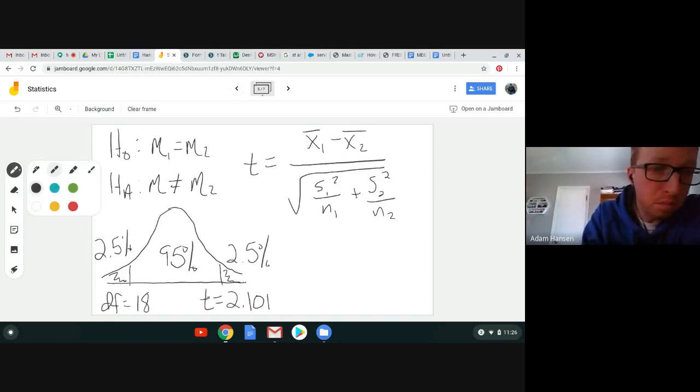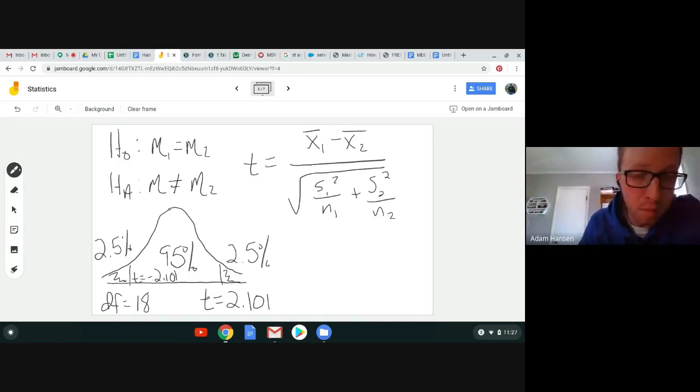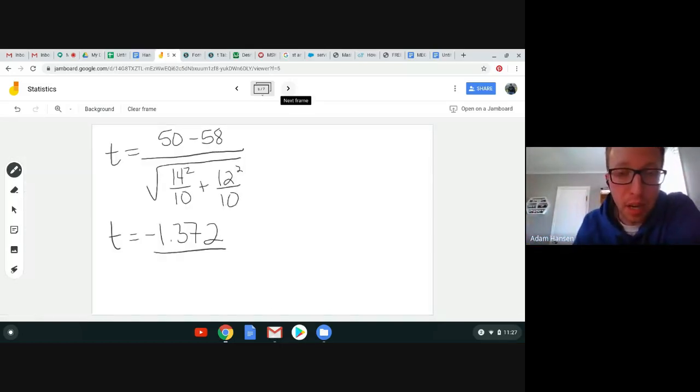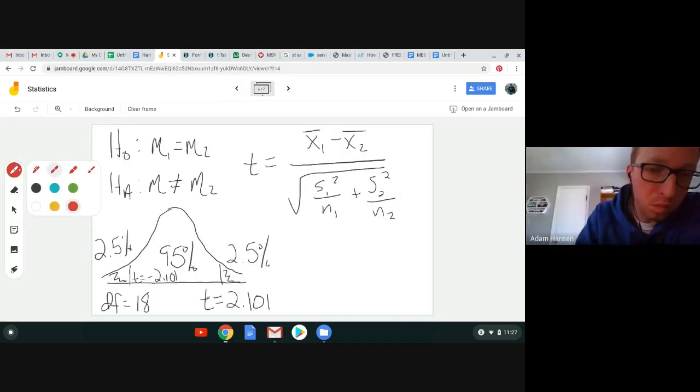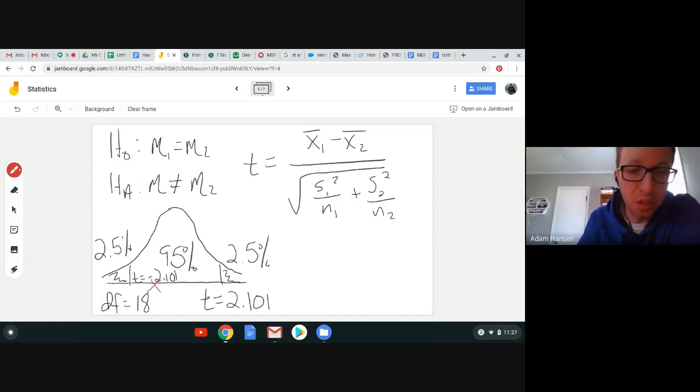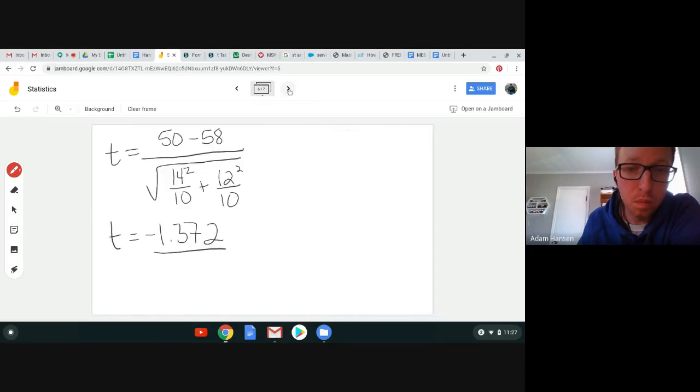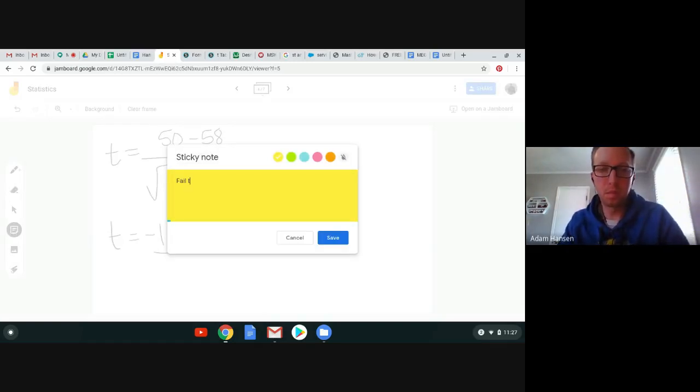Now, if I carefully write this in here, t equals negative 2.101 would be the same on the lower left tail. That would be, for our t-score, not as extreme. Negative 1.372 is closer to 0 than negative 2.101. So we would, in this case, fail to reject the null hypothesis.